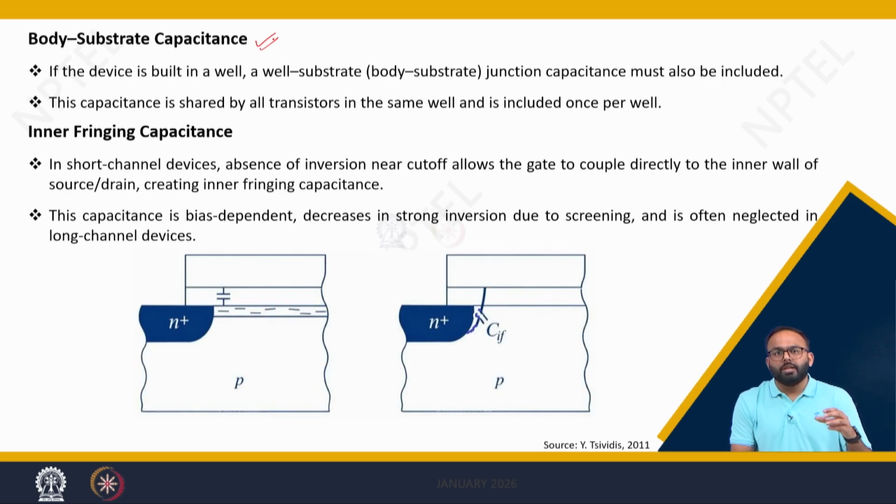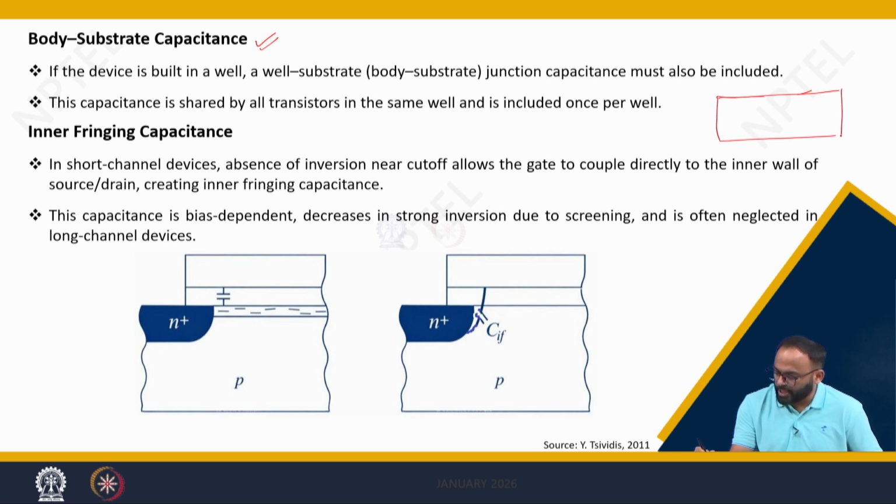So when we go for some twin tub process or well process, what we do is we take a substrate. In the substrate, we make a well like N well and P well, right? To design transistors like that. Let's say this is P plus, this is P plus. So here, this and this form a body capacitor, because again it will be a junction, and hence there will be a body or substrate capacitance coming into the picture, which can be represented as CBB dash, right?